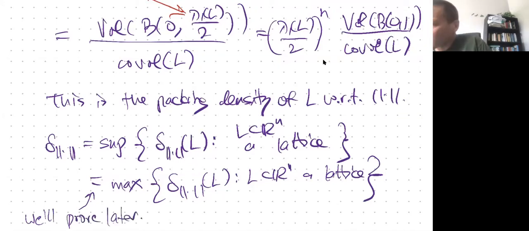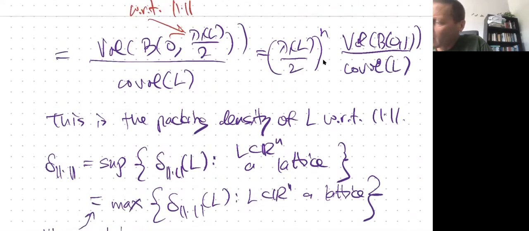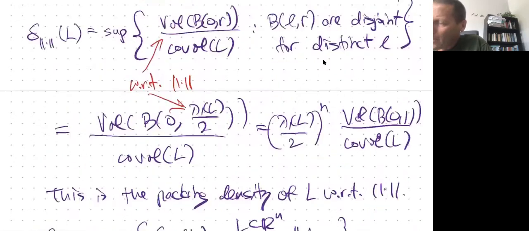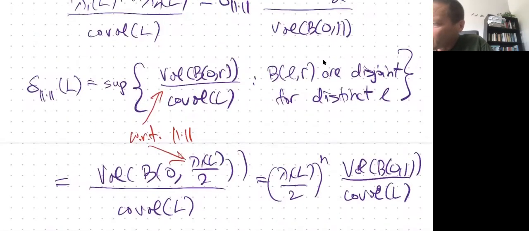Okay, so let's look at this quantity for a moment and understand what we're talking about here. It's easiest to think about the first definition. We're taking the ball, and R is a parameter that we haven't determined yet. We want to take a sup, so we want to make R as large as possible because this quantity grows when R grows, so that the different balls around the different lattice points are all disjoint.